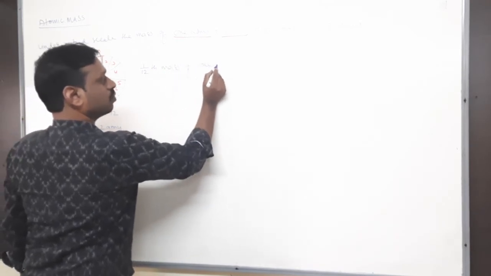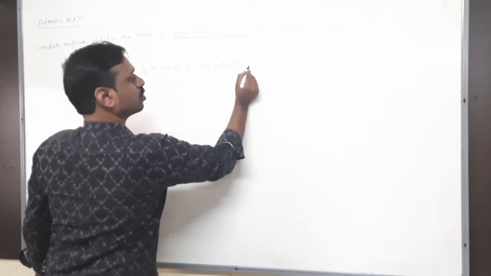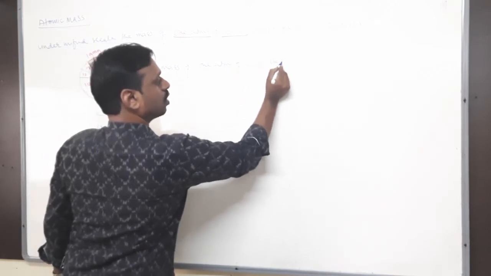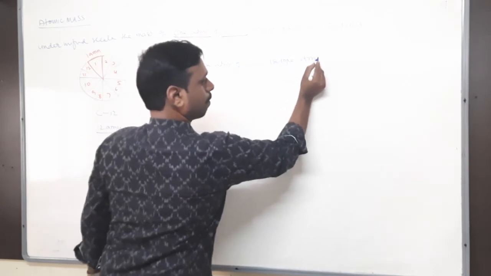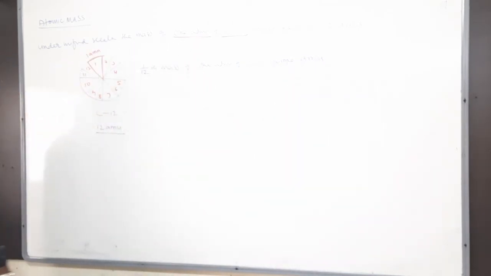So therefore, the definition of AMU is 1/12th mass of one atom of C12 isotope, called AMU, atomic mass unit. Understand?